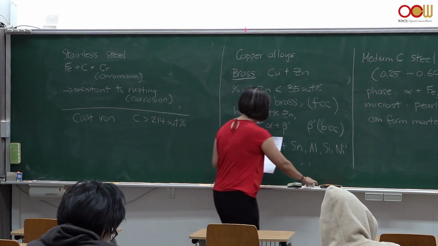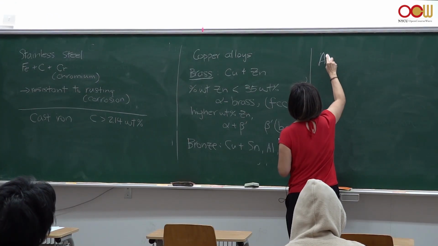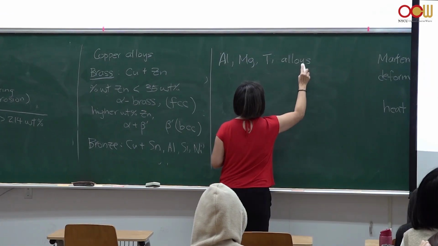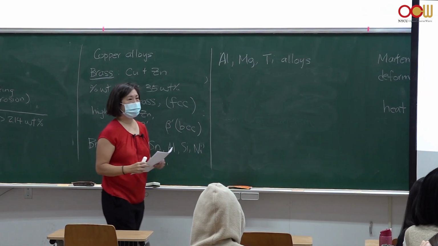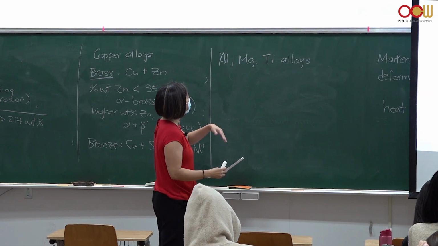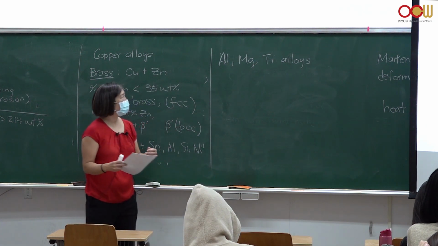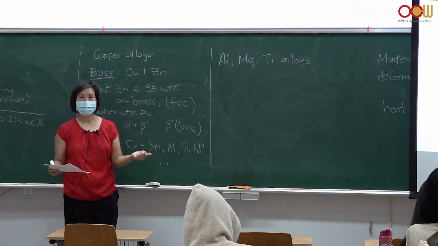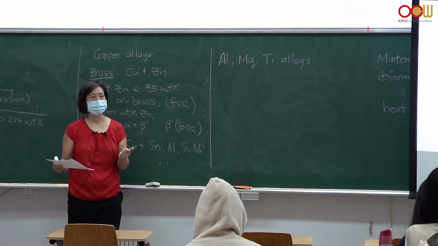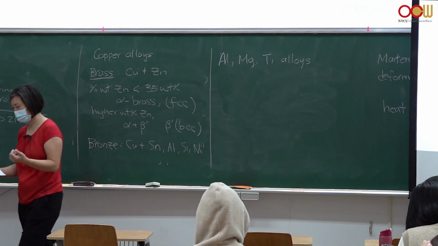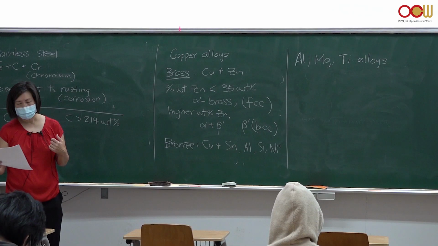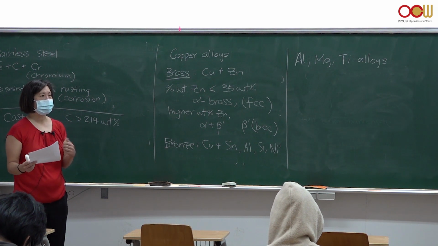Then you have aluminum, magnesium, and titanium alloys. Okay? And they have different kinds of properties. Those three are generally pretty light. Magnesium alloys are really light. Aluminum alloys are light as well, and so are titanium alloys. They're generally corrosion resistant.